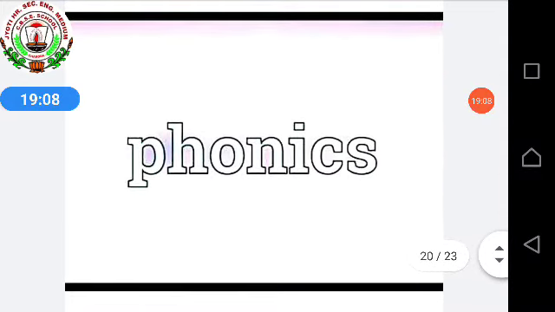Next, phonics. What do you mean by phonics? In nursery, what are our parents and teachers doing? They show a picture, an image, a symbol or something, and they tell you, okay beta, this is an apple. So, an apple. This is a ball. So, a ball.